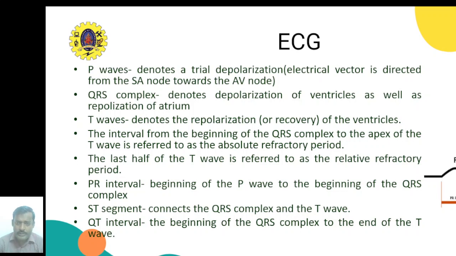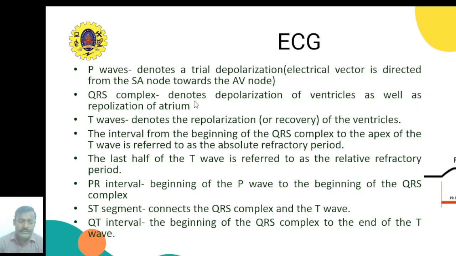Then this is the QT interval, from this point up to the T wave. After the QRS, from this point to the start of T, this is called the ST segment.